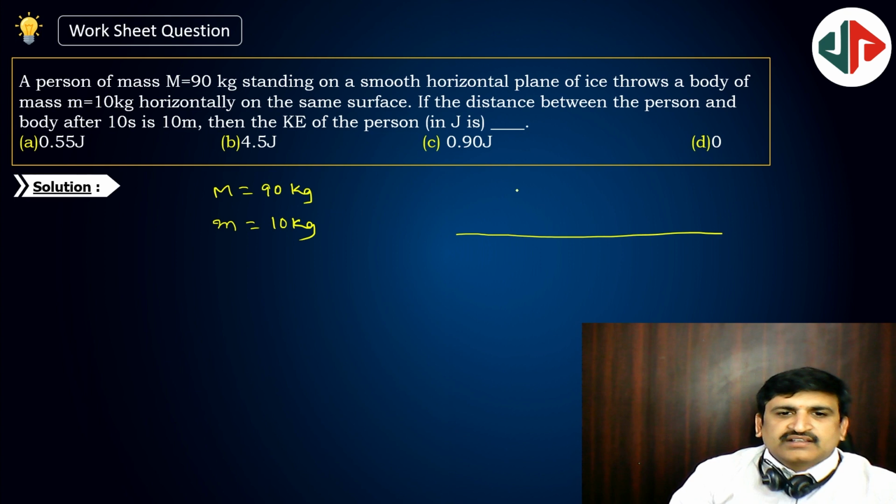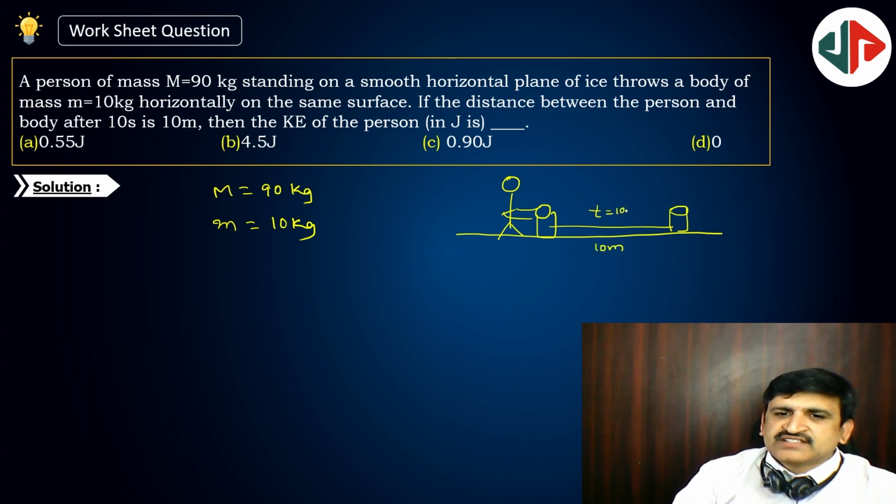Here the person throws a body, so the body is also on the surface, comes how much distance, 10 meters. In how much time? T equal to 10 seconds.